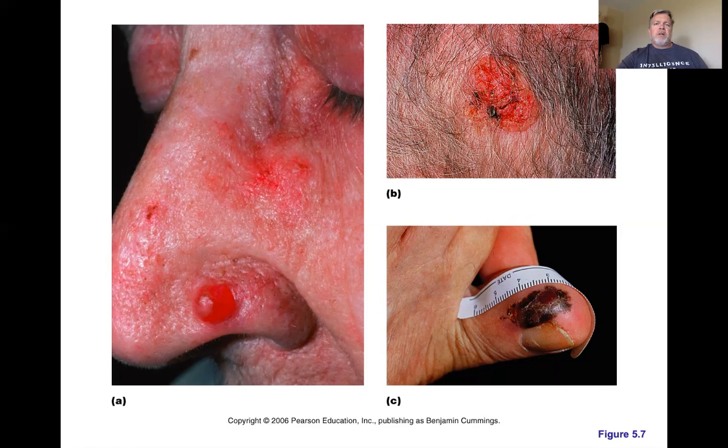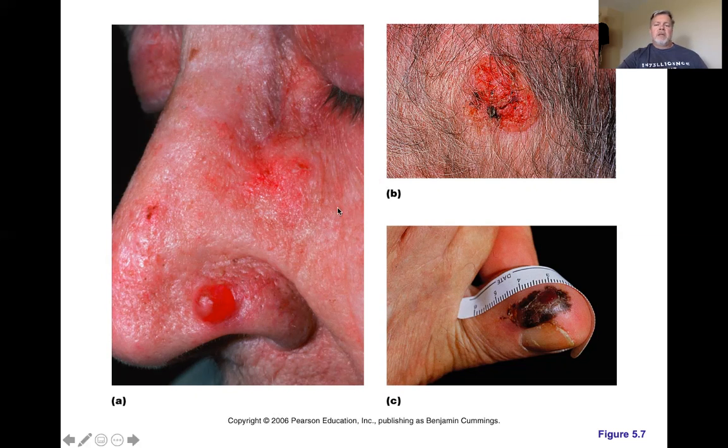Because those cells are proliferating, a cancer in this region tends to invade the dermis and the hypodermis. So the nice thing is this is a slow-growing carcinoma, and it doesn't often metastasize, although it can. It can be cured surgically, and that's what happens in about 99% of the cases.